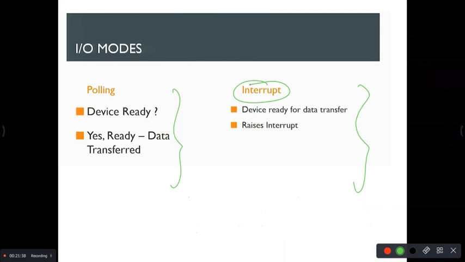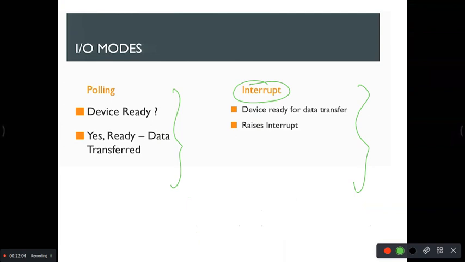So the data exchange between a microprocessor and the I/O port can happen either by polling. The polling method means the microprocessor will check each and every sensor connected, whether it has any data to receive. That's one method. Otherwise, suppose the temperature sensor which you connected has some data to transfer to the microprocessor.